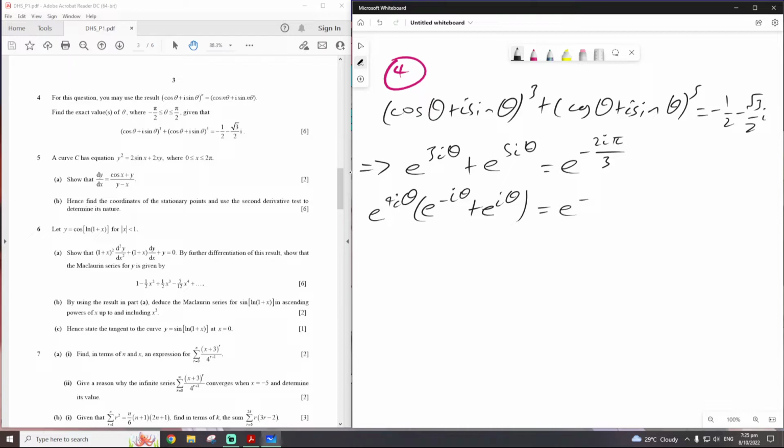So this is still e^(-2i pi/3). Okay. Now this is actually a real number. This is 2 cos theta, in fact. 2 cos theta e^(4i theta) equals e^(-2i pi/3).